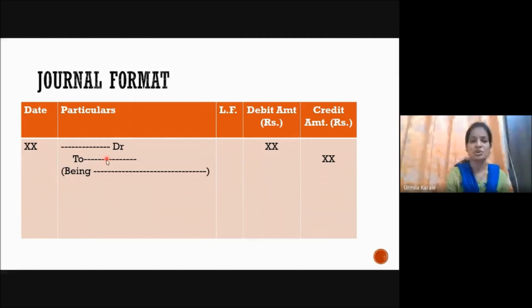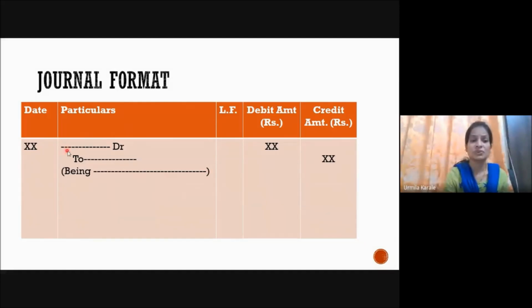For the account which got credited, we don't write CR after it. We write 'To' before the account which is getting credited. So here we'll write the name of the account which is getting credited, and before that we'll write 'To'. Then the transaction details, the narration, we are going to write here so that in future, if we refer to this transaction, you'll come to know what the transaction was.